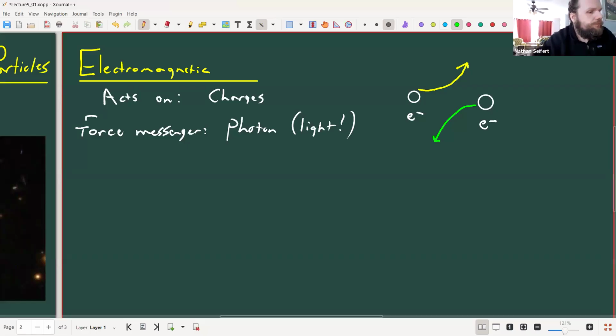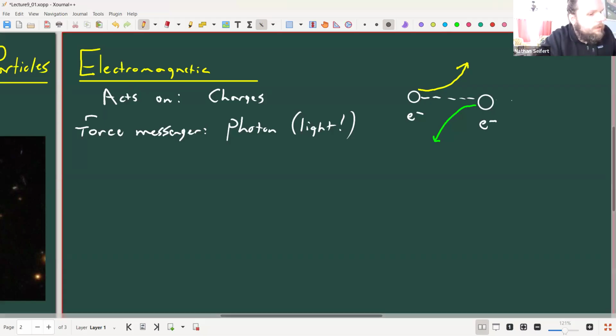And you ask the question, when you calculate the angle at which they scatter, what is this angle here? Which is a function of the energy of the electron.